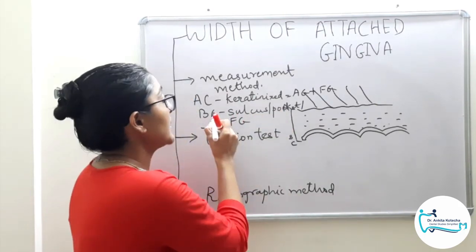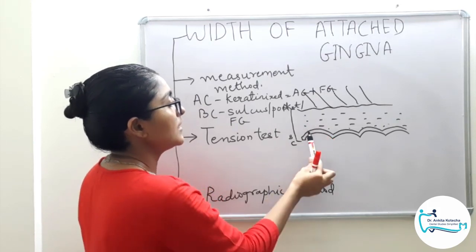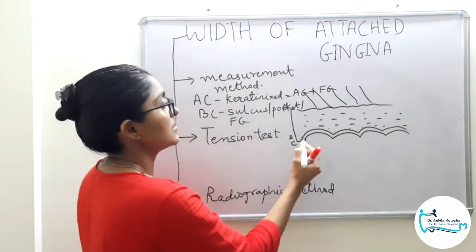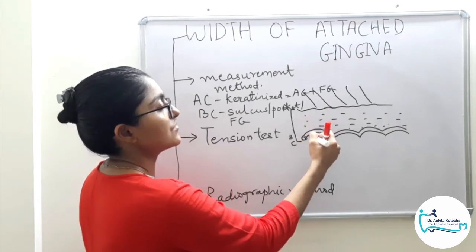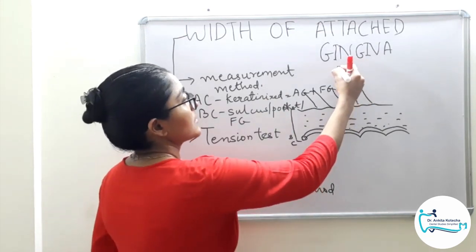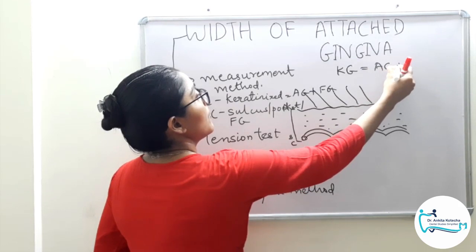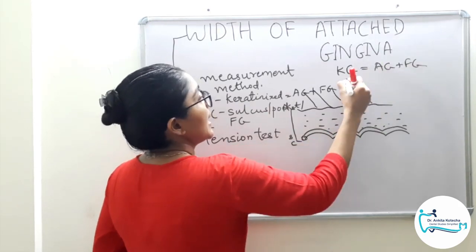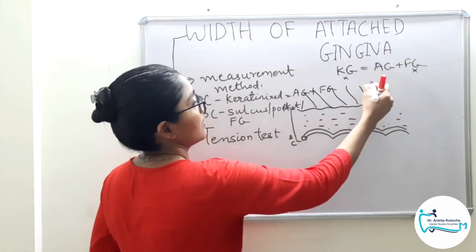Clear? Now when we have measured both the parameters AC and BC, it is time to subtract this free gingiva portion from the keratinized gingiva portion so that we get attached gingiva. I'll explain here. Keratinized gingiva is attached gingiva plus free gingiva. We have the value of keratinized gingiva, we have the value of free gingiva.